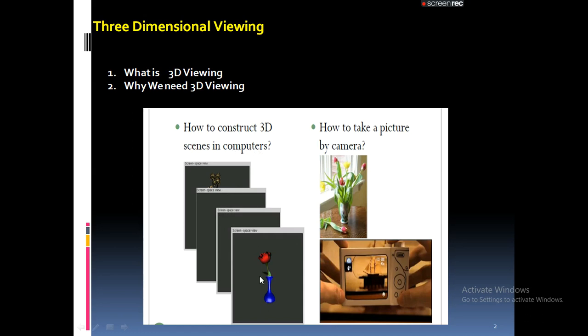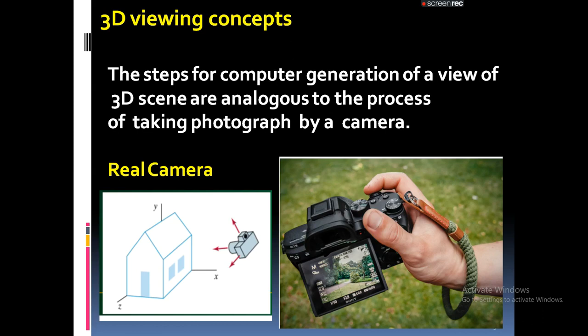What I would like to conclude here is that whatever concept we use to capture an image with a real camera, the same concept we use in computer graphics to construct computer animated images, two-dimensional or three-dimensional, to display on the screen of the monitor. This is our aim for this topic. So let's move to the next slide.